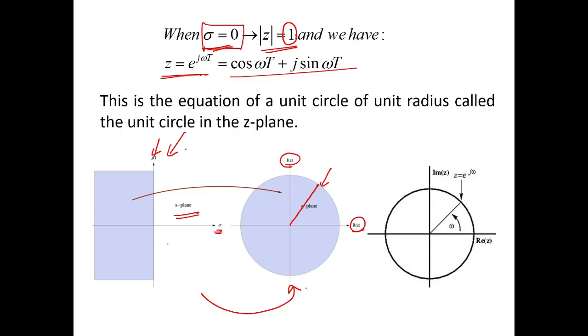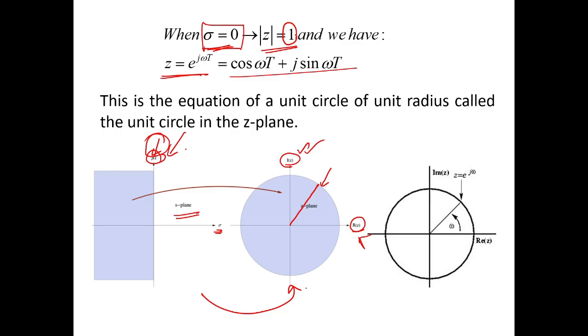Now the interesting thing is, where is the frequency? Because over here in the S-plane our frequency was the y-axis. Now in the next case, where is the frequency? Is it the real Z? Is it the imaginary Z? So where has the frequency component gone?